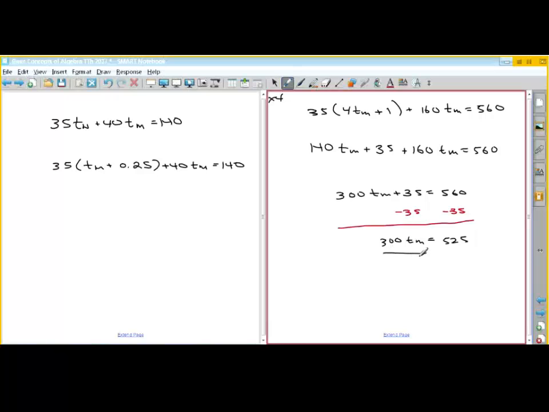And then you would divide both sides by 300. Something seems wrong. Maybe not. We'll find out. So you get the time that Mark travels is 525 divided by 300, which is one... oh, it is right. Okay. So it's 1.75 hours.